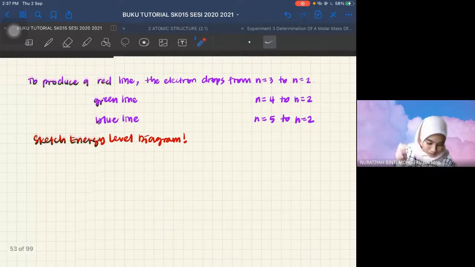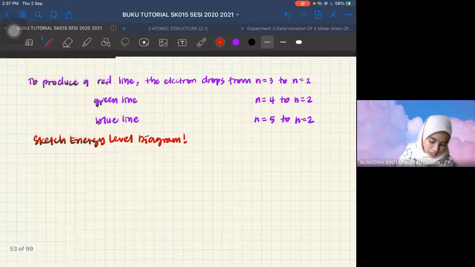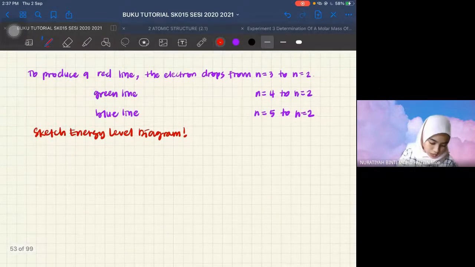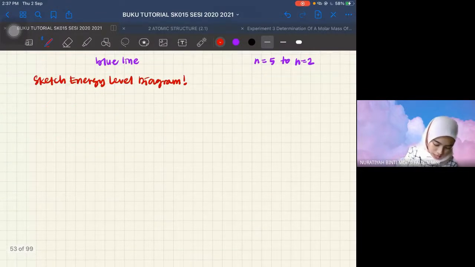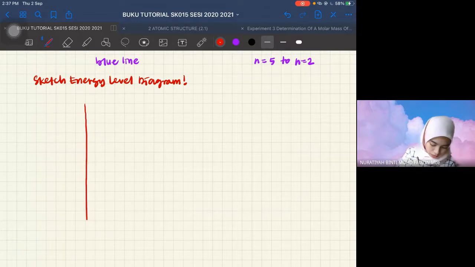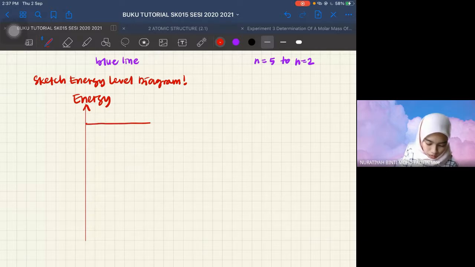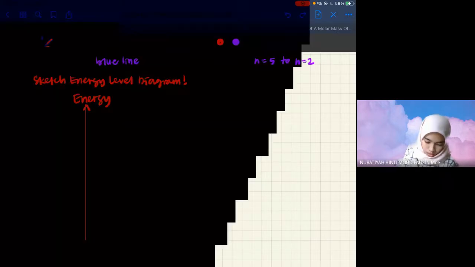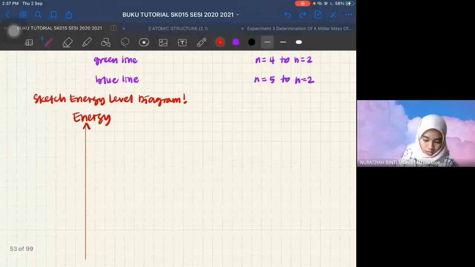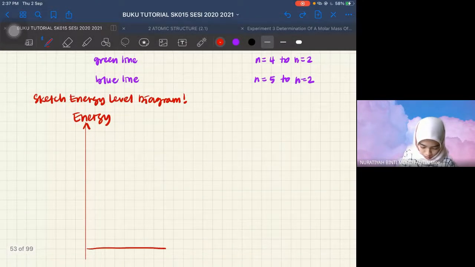Okay. Sekarang kita sketch our energy level diagram. Okay. So, first you will draw a line for your energy. So, ini adalah energy. Okay. And then you will draw your n equals to infinity atau start dari bawah. So, kita akan start dari n equals to 1.